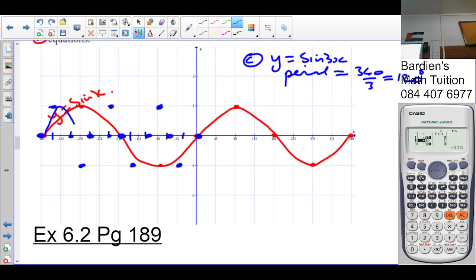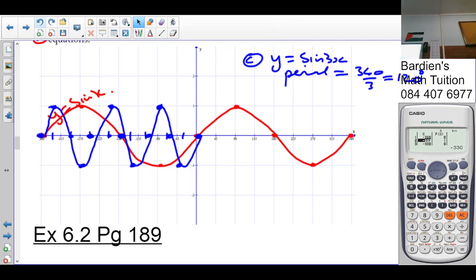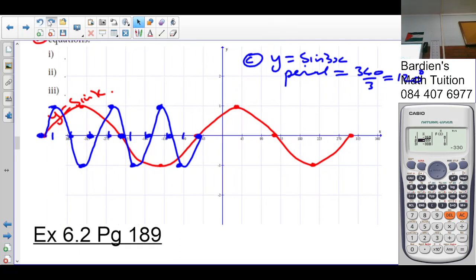So again we connect the dots. Okay. And on the other side of this graph, you're going to get the same thing. Okay, let's just pull this out here.